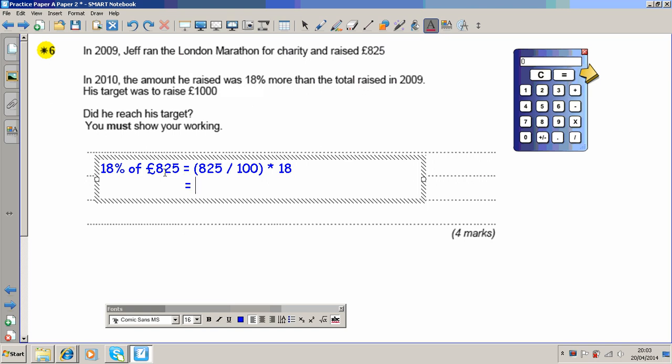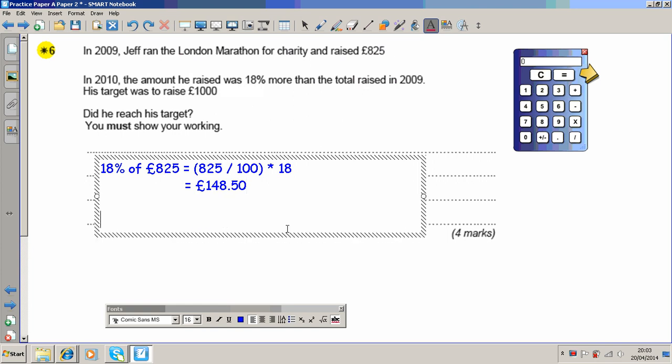So, calculator job, 8.25 times 18 is £148.50. So that's how much more he raised than in 2009.